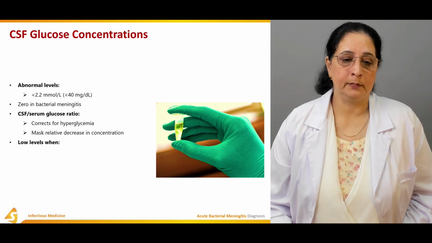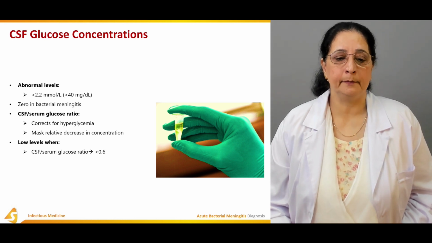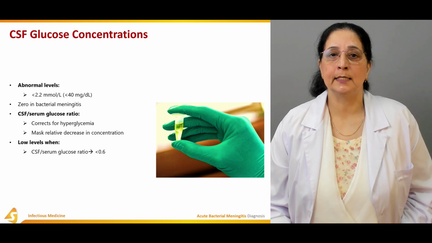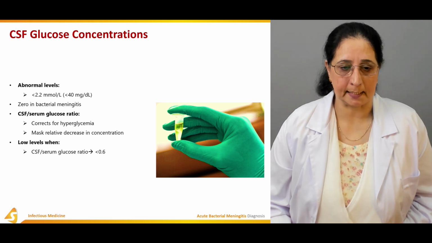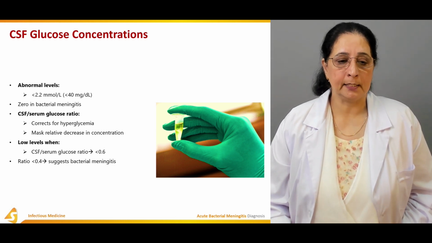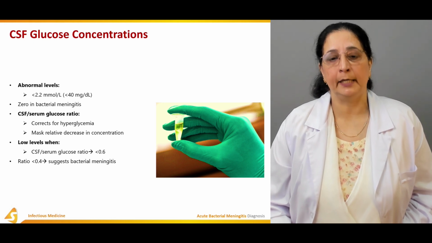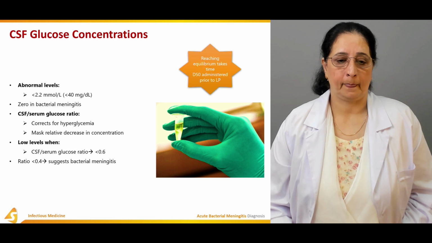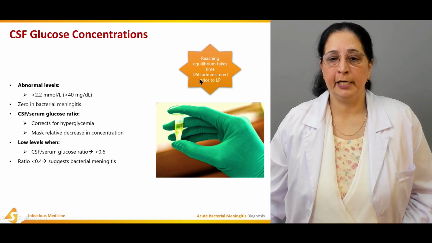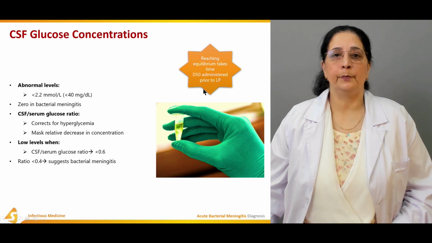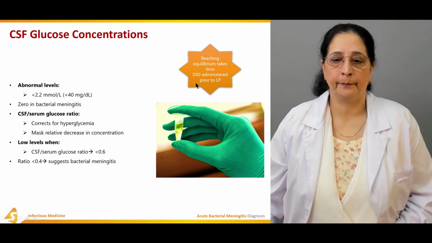Low levels when the CSF serum glucose ratio is less than 0.6. A ratio less than 0.4 suggests bacterial meningitis. Reaching equilibrium takes time, and D50 may be administered prior to lumbar puncture.